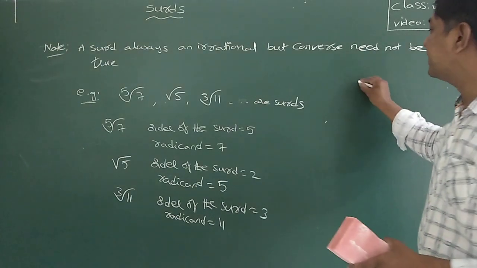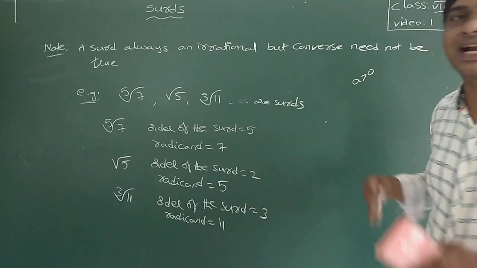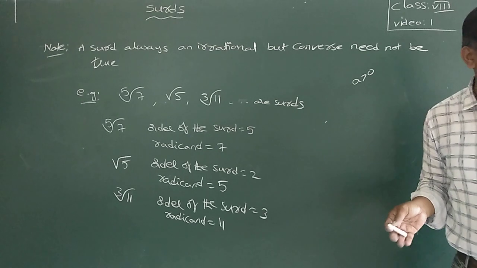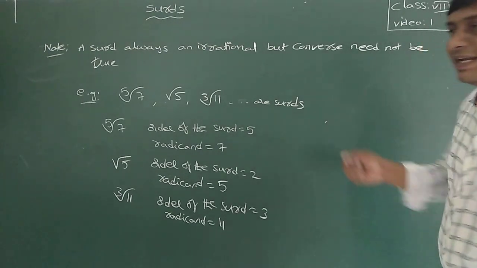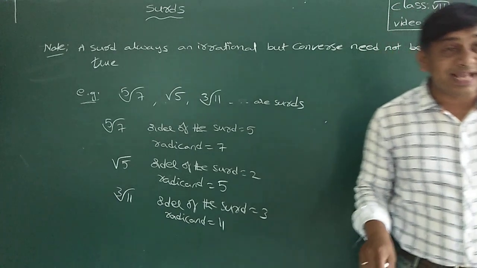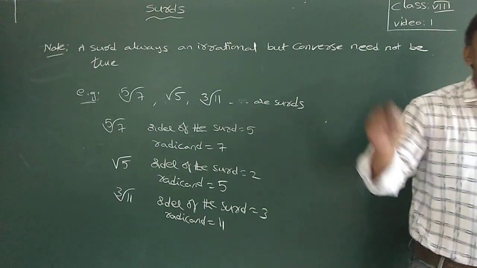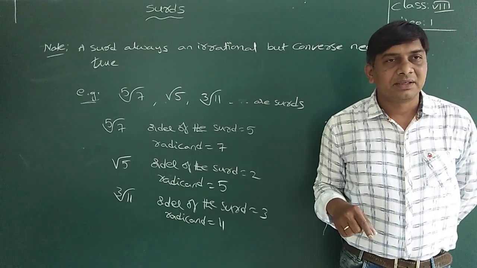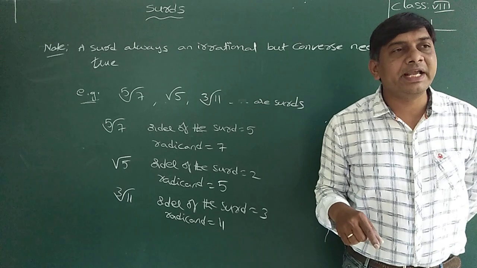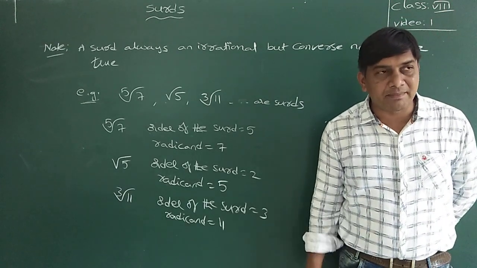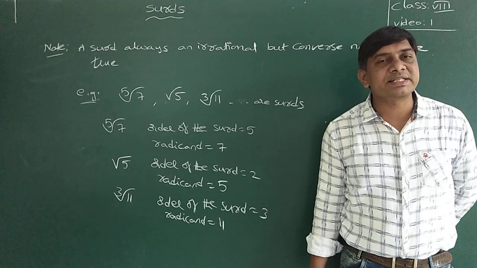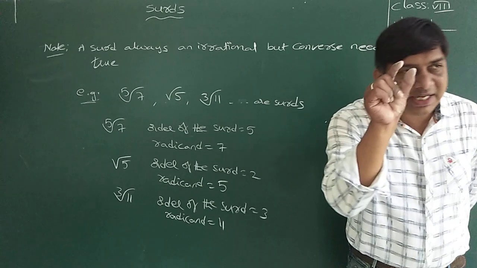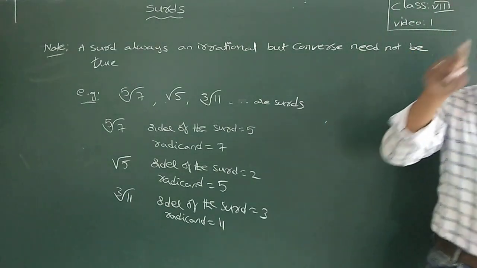And a is a positive rational number, meaning any rational number which is more than 0. As per the definition, n is a positive integer greater than 1, a is greater than 0, and if the nth root of a is not a rational number, then the nth root of a is called a surd.